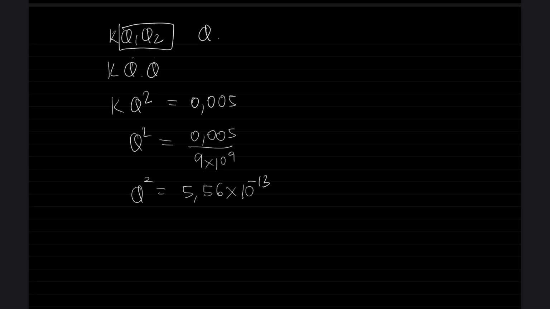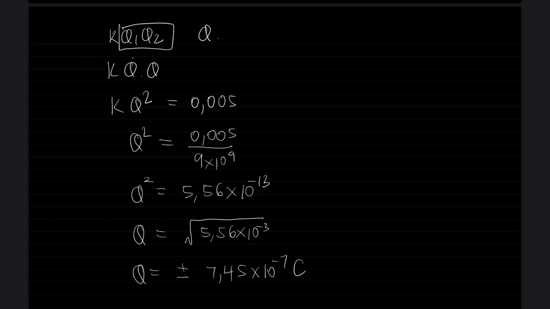But remember, we want Q, so we square root this. The square root of 5.56 times 10 to the minus 13. And remember, when you square root a value, you're going to get two values, a positive and a negative. So it's going to be plus or minus 7.45 times 10 to the minus 7 coulombs.